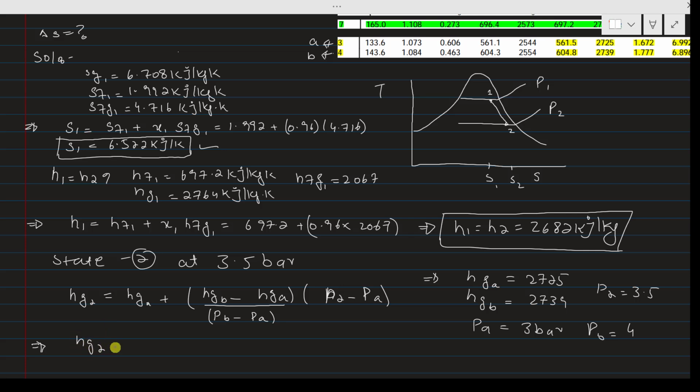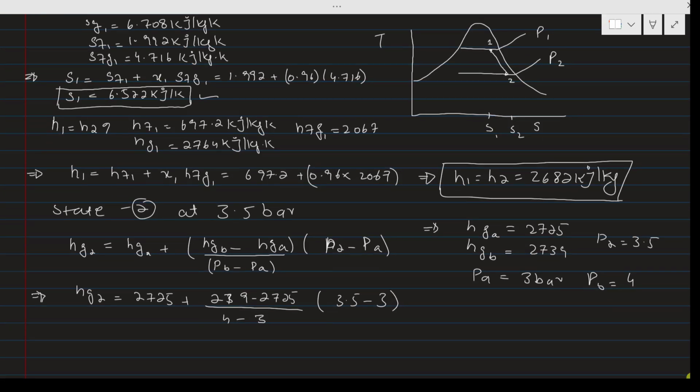Now the Hg2 is equal to Hga, that is 2725, plus Hgb, that is 2739, minus 2725, divided by Pb, that is 4, minus 3, into P2, that is 3.5 minus 3.